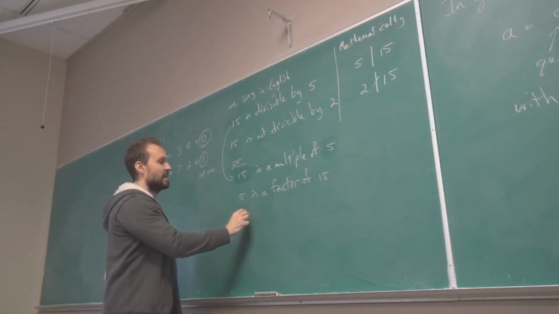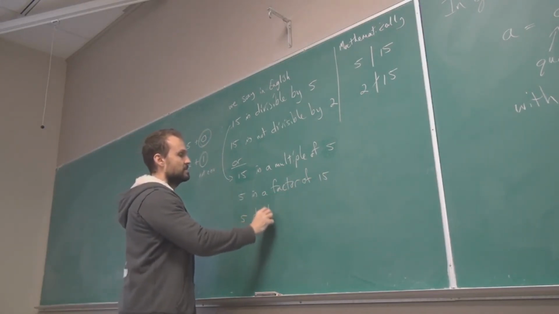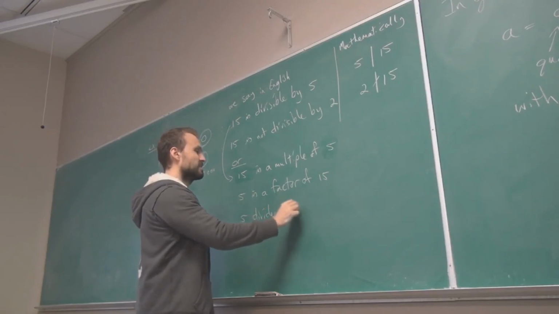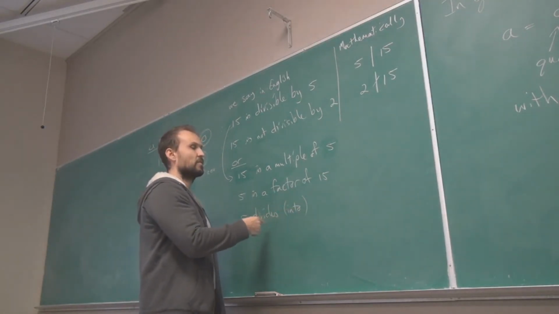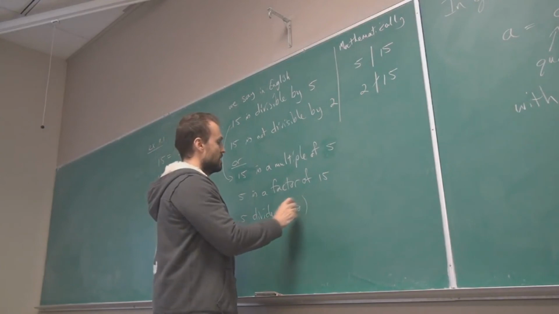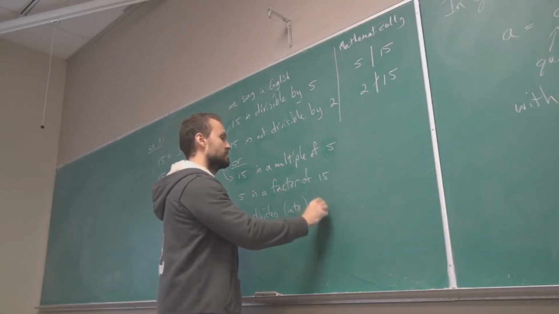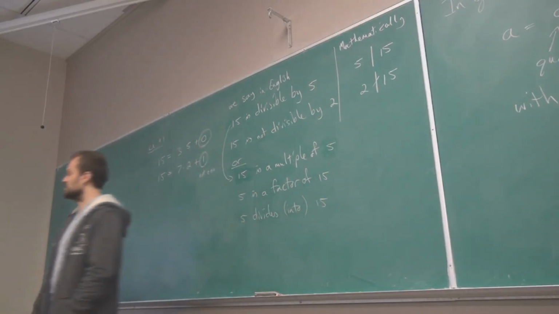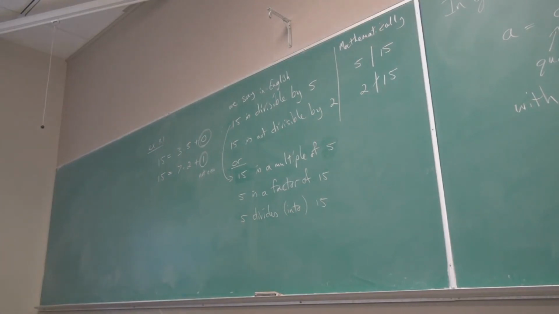My favorite is 5 divides, I'll say in brackets because I think the into needs to be there, though many books don't say the into, 5 divides into 15. I don't like without the into. It doesn't feel right, but it's up to you. Many ways of saying the same thing in English, only one mathematically.